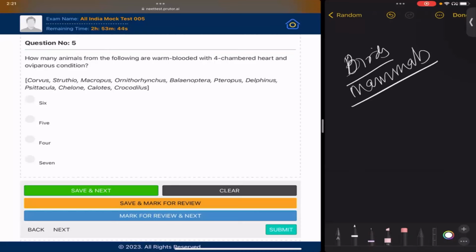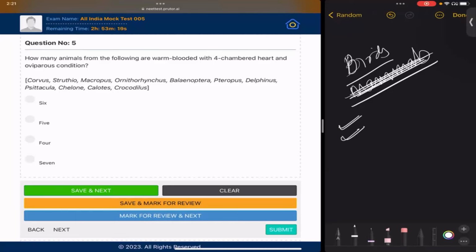Okay, so we'll try to figure out which ones, and they should be oviparous. Most of the mammals are not oviparous except one. So Corvus is the correct answer. Here it is oviparous, warm blooded, and has a 4-chambered heart. Struthio is also correct. Macropus, Ornithorhynchus, Balaenoptera, Pteropus, these are not in the list. Delphinus is also not in the list.